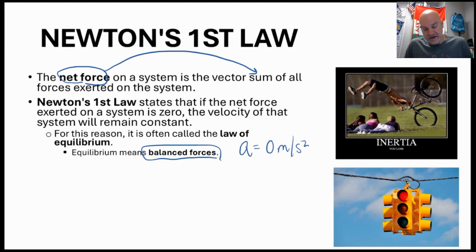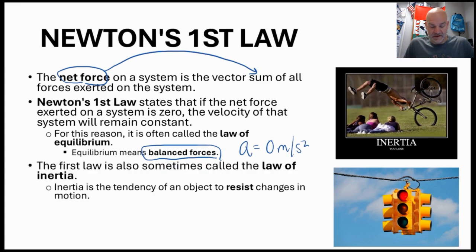You have two types: static equilibrium, when the object is not moving, and dynamic equilibrium, when the object is moving but not being accelerated. It's often a misconception that objects don't move when they're not accelerated. Well, they do move, just with constant velocity.